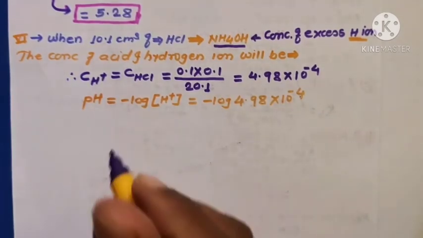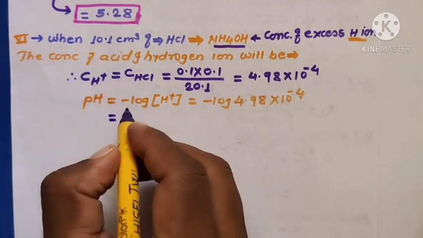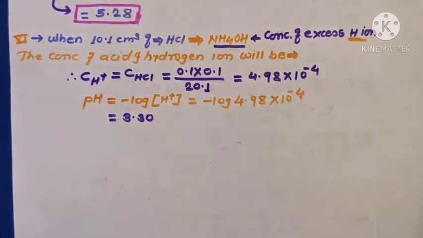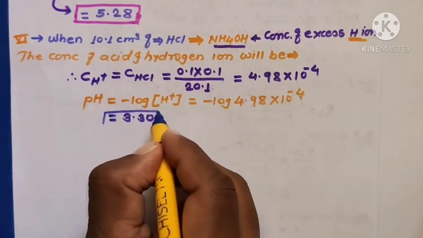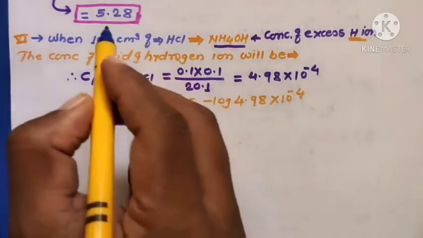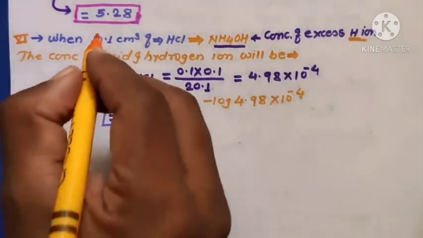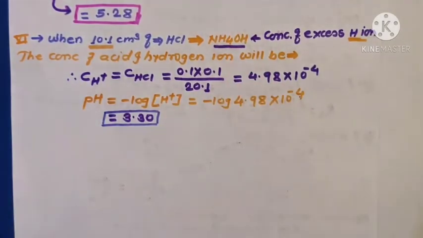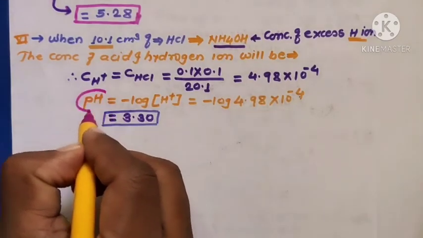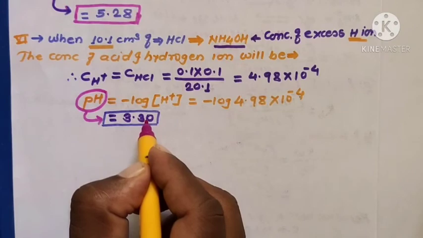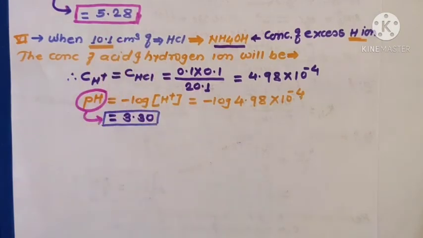Therefore we get the pH of the solution as 3.30 at the stage when 10.1 cm cube of titrant is added to the NH4OH solution.